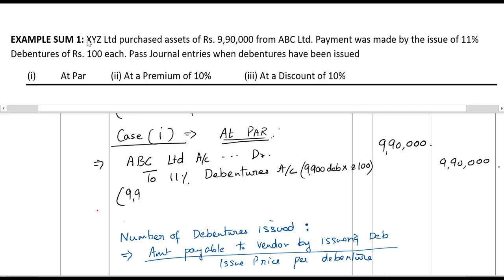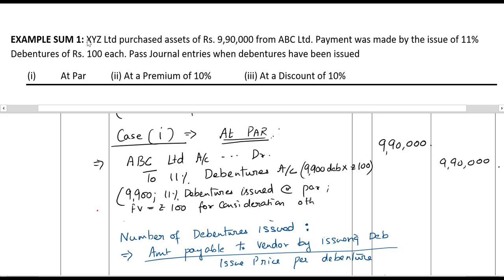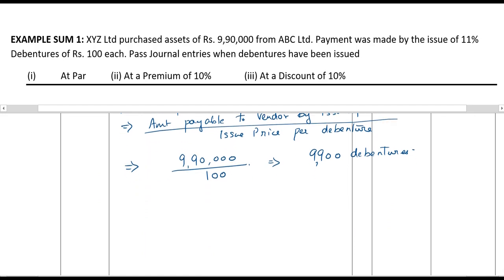Narration: 9,900 11% debentures issued at par, face value rupees 100, for consideration other than cash. Case 1 is over. Let's move on to case 2.